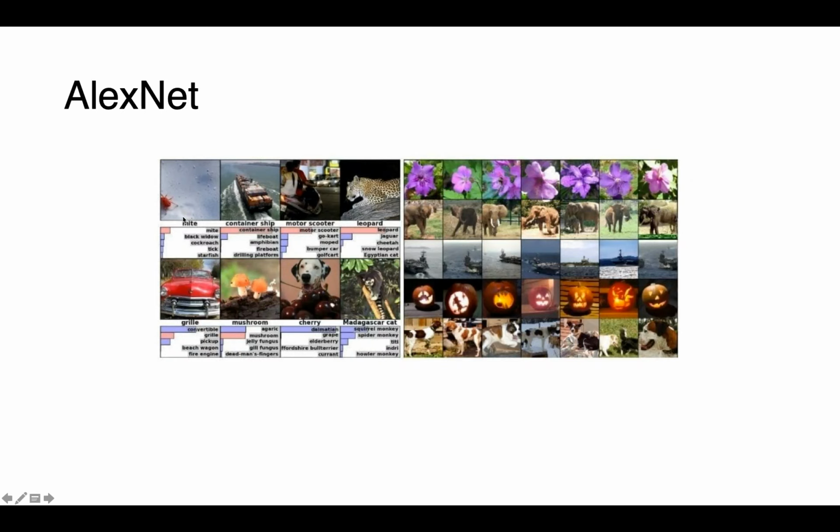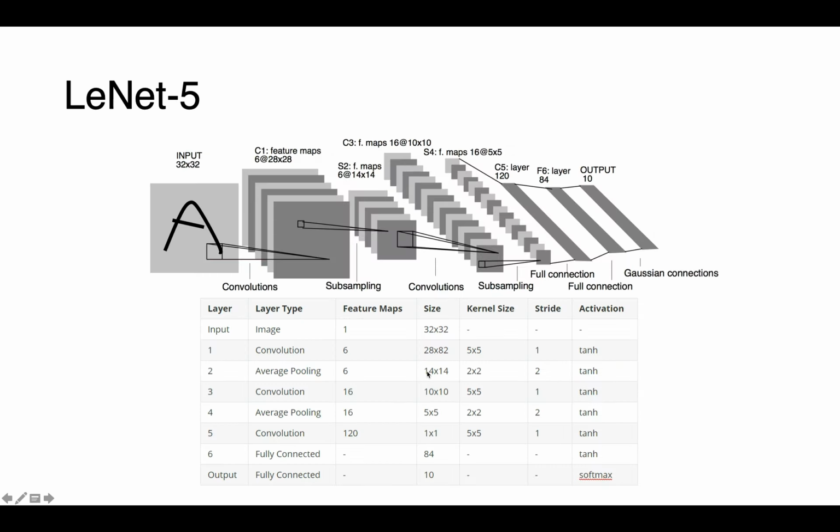It successfully recognized the mite, the container ship, the motor scooter, and the leopard. It also made wrong predictions at the grille, the mushroom, the cherry, and the Madagascar cat. And this is a detailed structure of the net.